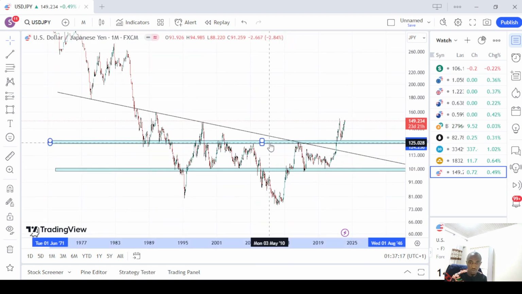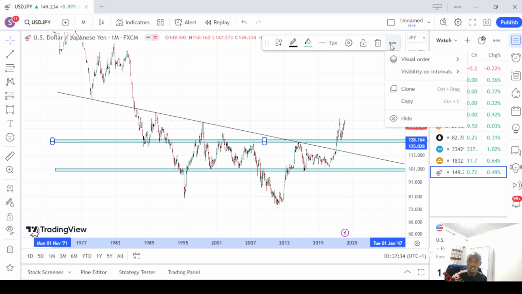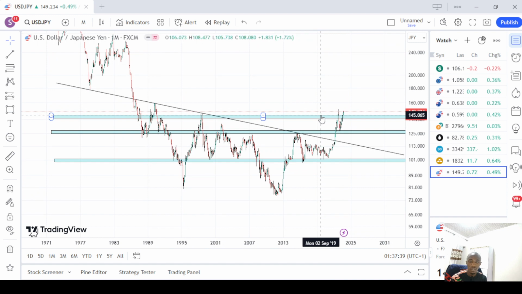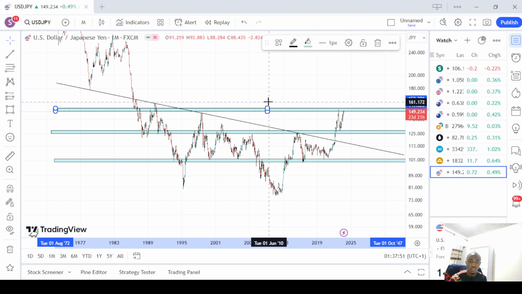So you can see another one here. You can see market making turns at these levels. Let me have another one. You can see market making turns at these levels.